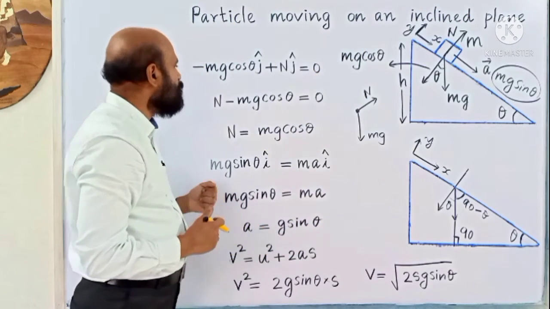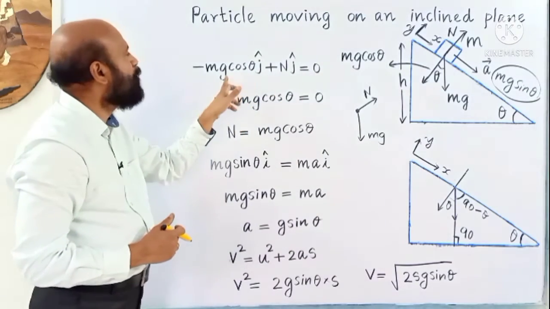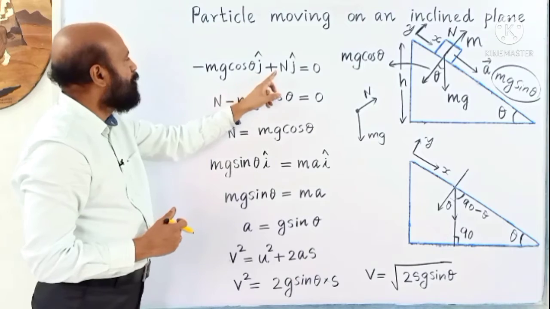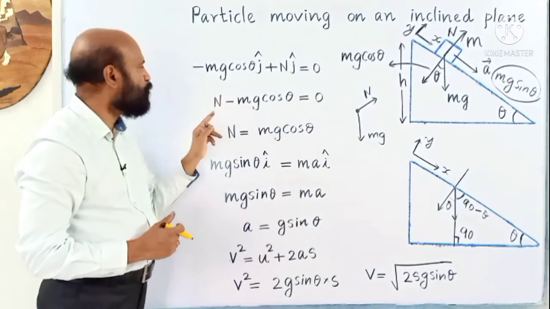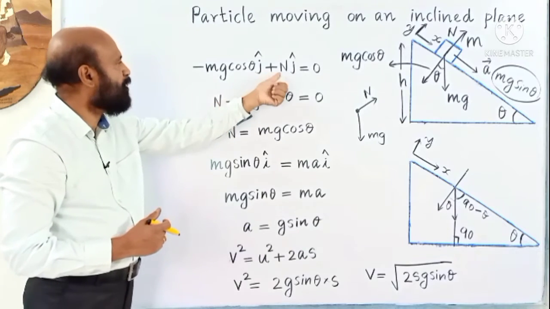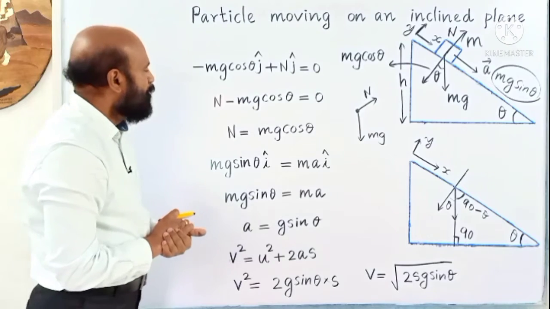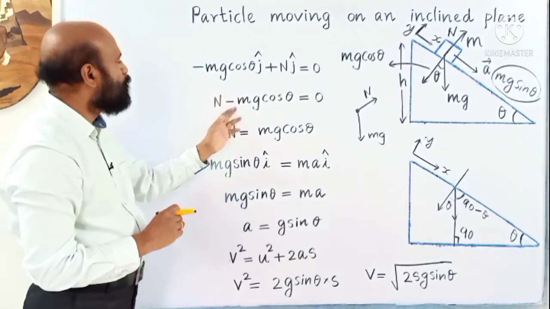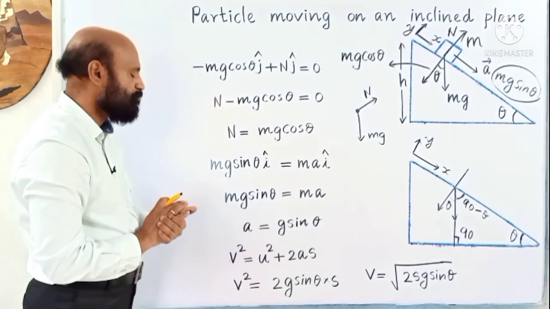Now comparing the components on both sides, the component along the y-axis is N minus mg cos theta on this side, and on this side it is 0. So N minus mg cos theta is 0. Taking this to the other side, N is equal to mg cos theta.